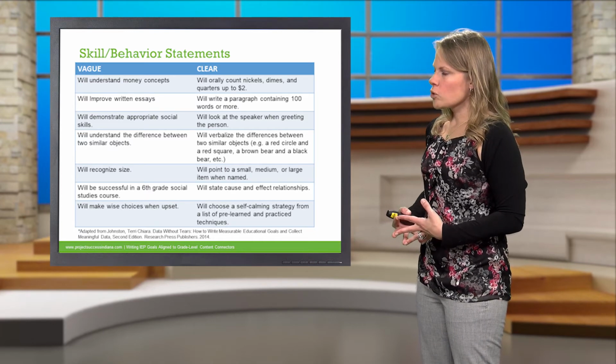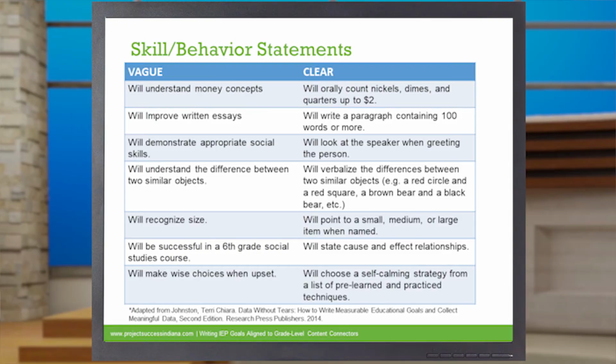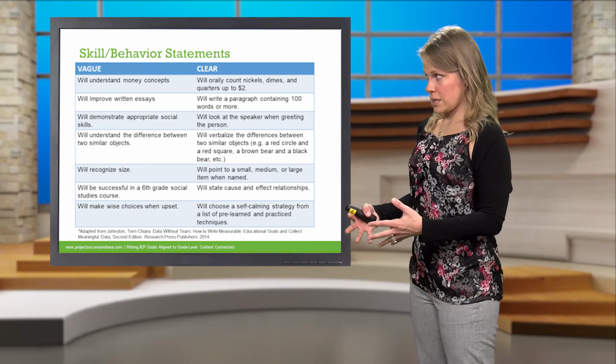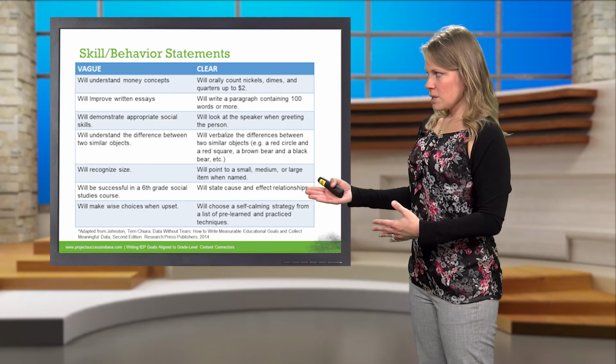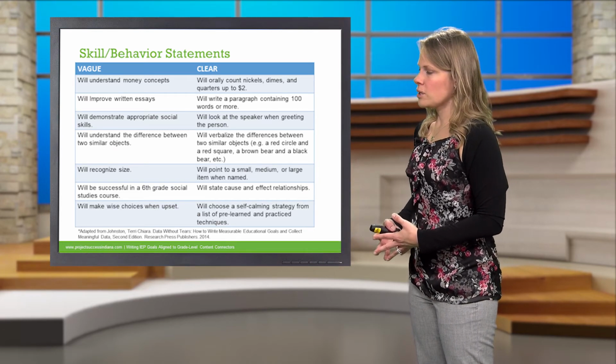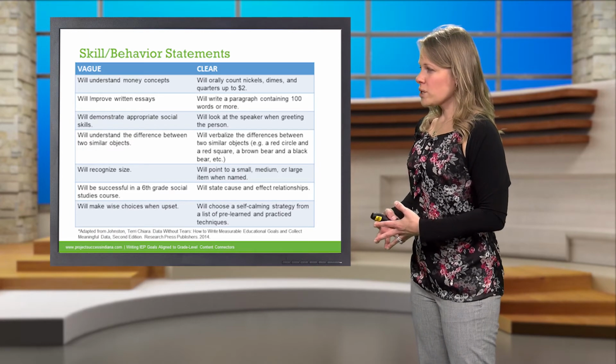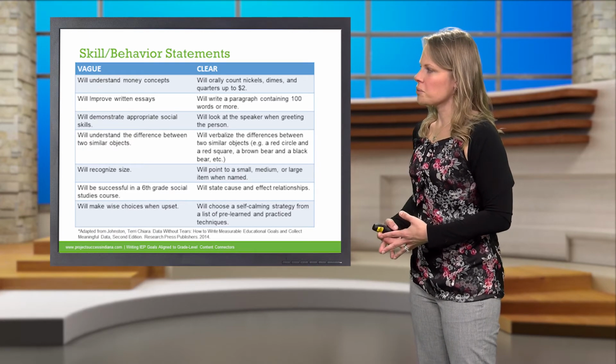So something that's a little more clear is we'll orally count nickels, dimes, and quarters up to $2. We've named that it's going to be oral counting. We've named the specific coins, nickels, dimes, and quarters, and we've given it a limit of up to $2. That really helps narrow down what we're talking about here. And you'll see in the rest of this table additional examples of what's vague and what would be a little bit more clear way to write it.